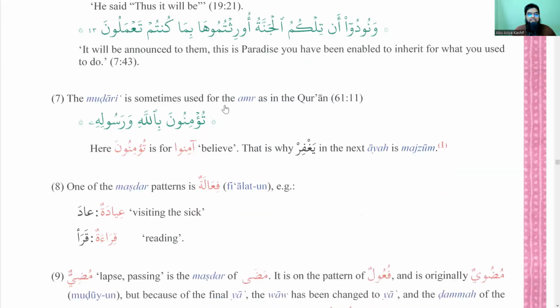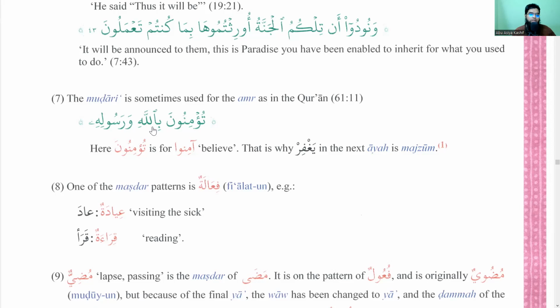Next, seventh point: the mudari is sometimes used for amr, as in the Quran, tu'minuna billahi wa rasulihi. So Allah subhanahu wa ta'ala uses the mudari, tu'minuna billahi wa rasulihi. That means aminu billahi wa rasulihi, believe in Allah and His Messenger. This is why yaghfir in the next ayah is majzum. So tu'minuna billahi wa rasulihi wa yaghfir lakum. So why is it majzum?